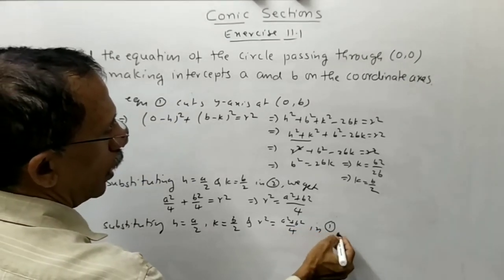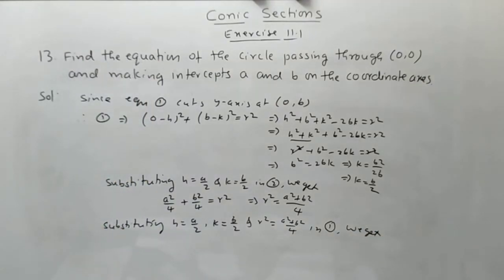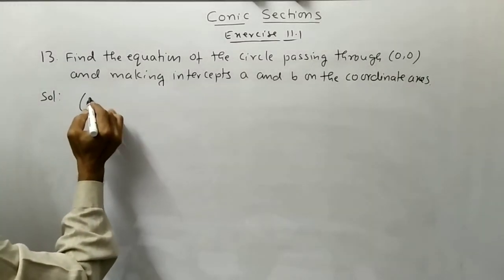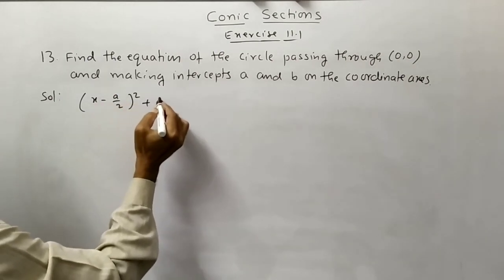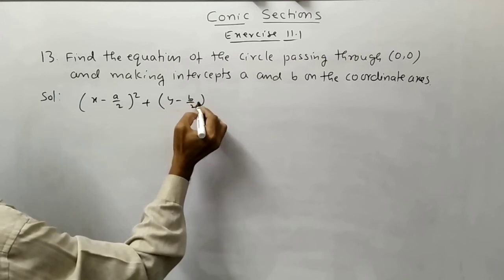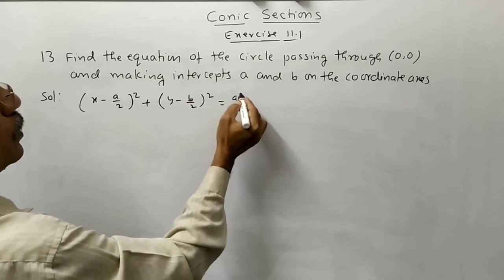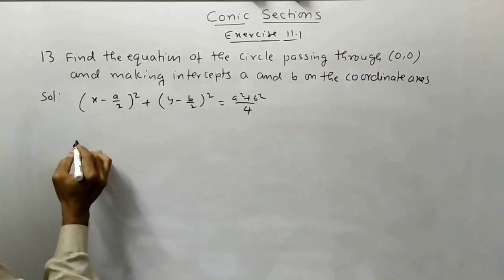Substituting h is equal to a by 2, k is equal to b by 2 and r square is equal to (a square plus b square) divided by 4 in 1, we get (x minus a by 2) whole square plus (y minus b by 2) whole square is equal to (a square plus b square) divided by 4.